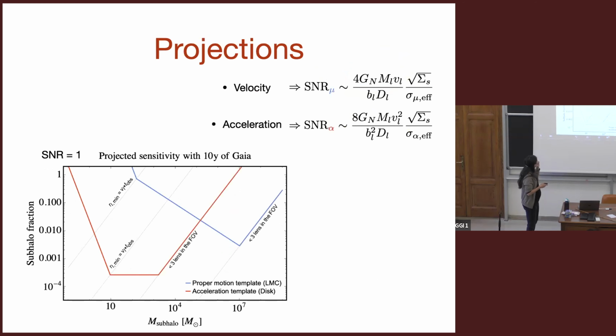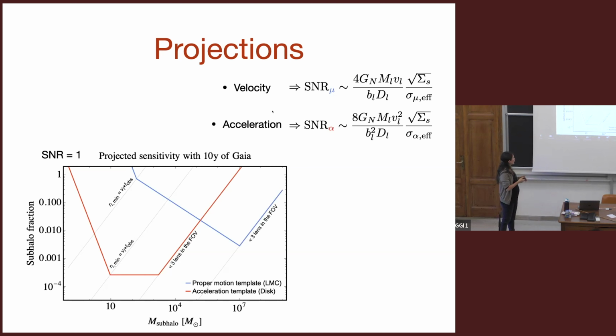Okay, so here is the lens mass versus the fraction of dark matter in the form of compact lenses. What I'm not showing here is the physical size of these lenses, because I'm taking the maximum signal to noise ratio, which happens for the most compact lenses.